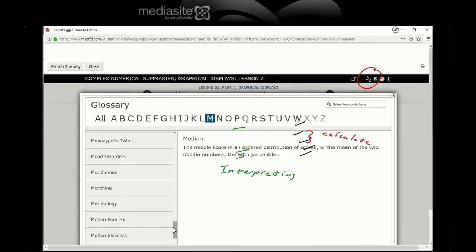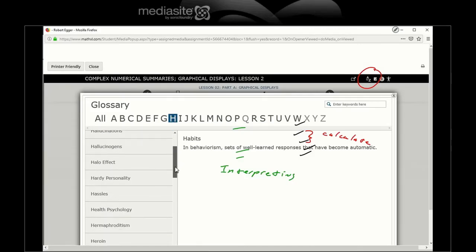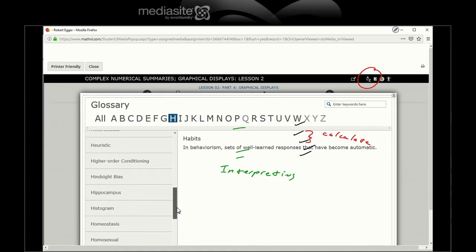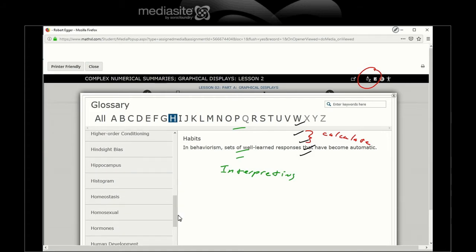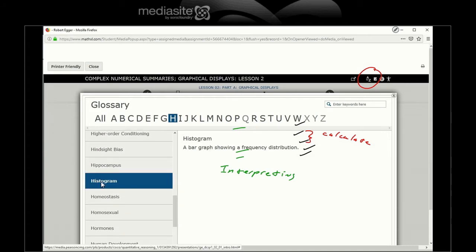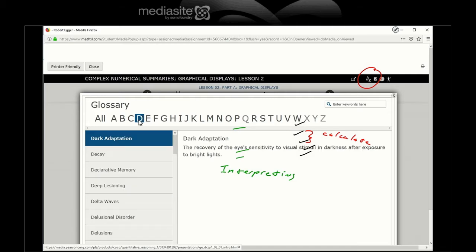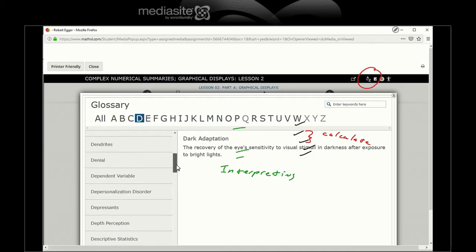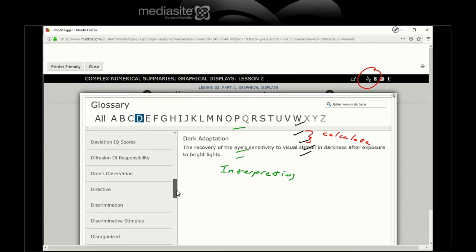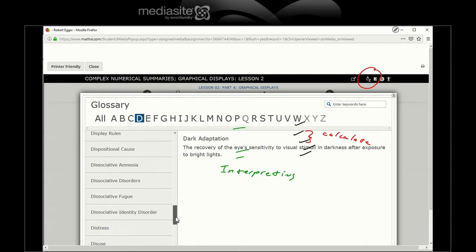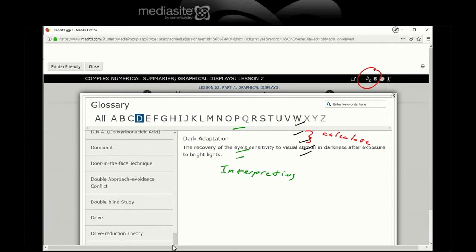Now for the other ones, like histogram: a bar graph showing a frequency distribution. Dot plot? I don't see dot plot. How about box plot?